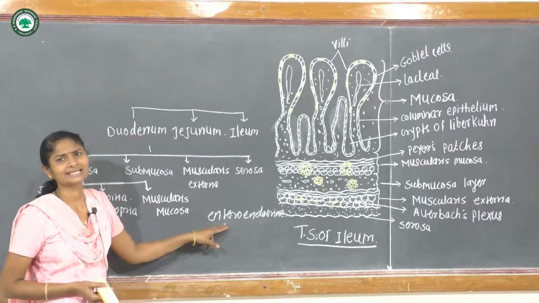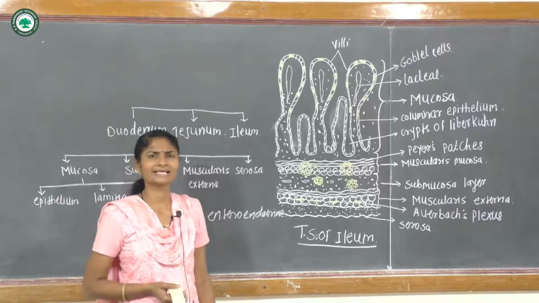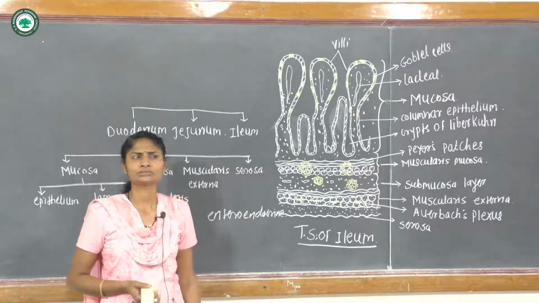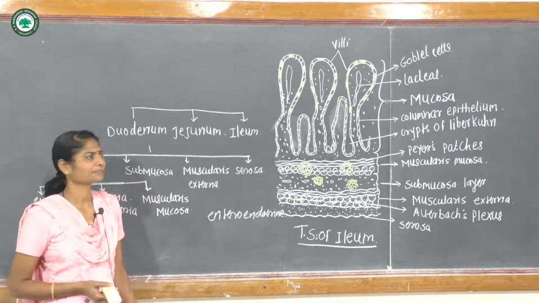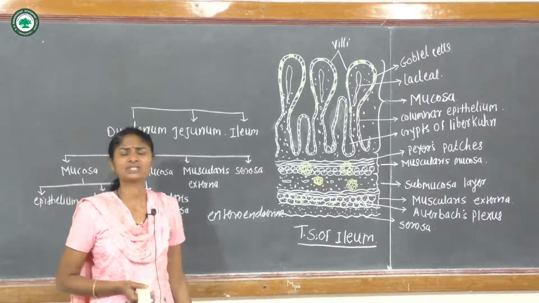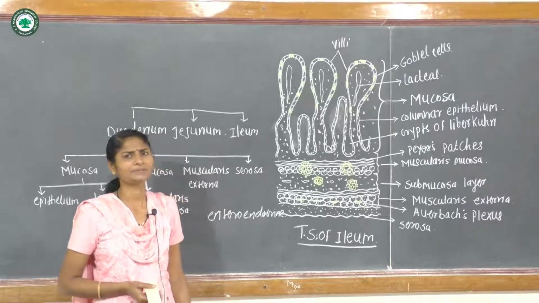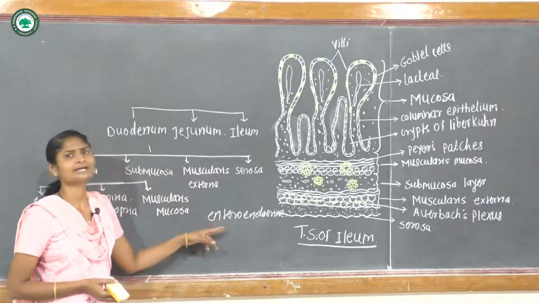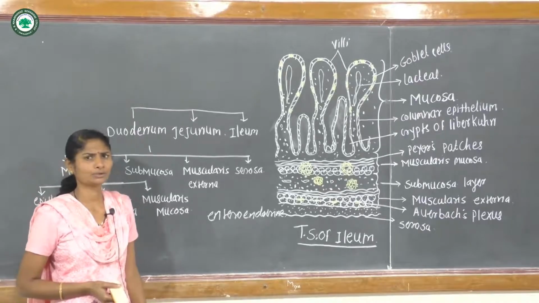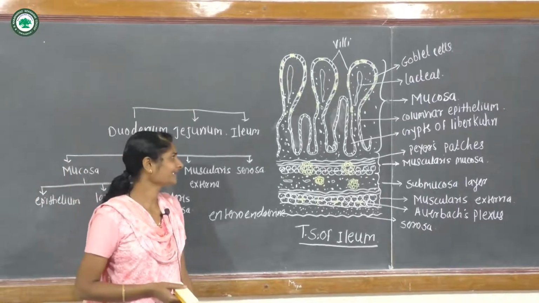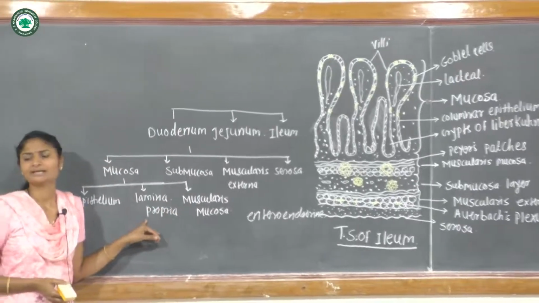These cells secrete secretin hormone as well as cholecystokinin, also called CCK, as well as gastric inhibitory peptide such as GIP. Different hormones are secreted by the endocrine cells. Next layer is lamina propria layer.